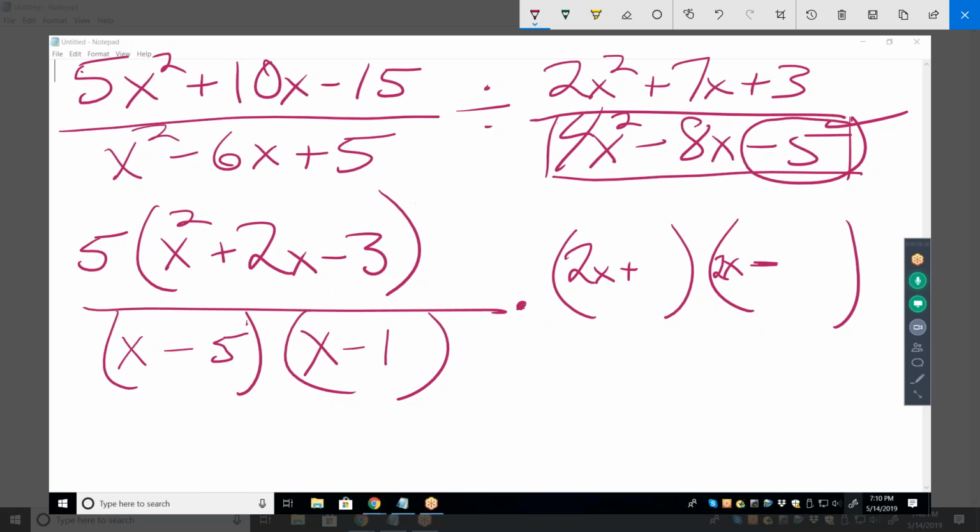I merely have to find factors of 5. What are they again? Only 2 factors of 5. 5 and 1. Okay? Do we know whether it's 5 and 1 or 1 and 5? Let's just try 5 and 1. What's that produce for a middle term?